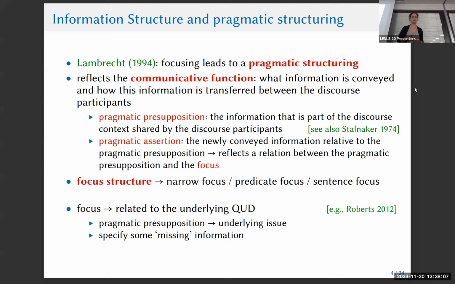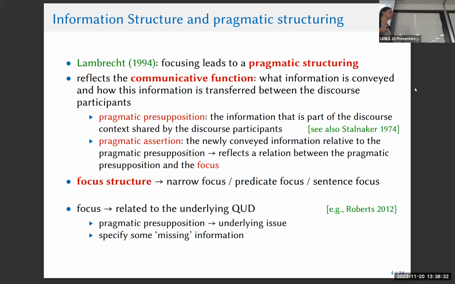notion of pragmatic presupposition. So it's not just information that's part of the discourse context, so it's there, but if you talk about focus, then we also need some underlying issue. That's always there. So focus targets some issue, and this is related to the underlying QUD. And we had already heard a lot about QUDs.